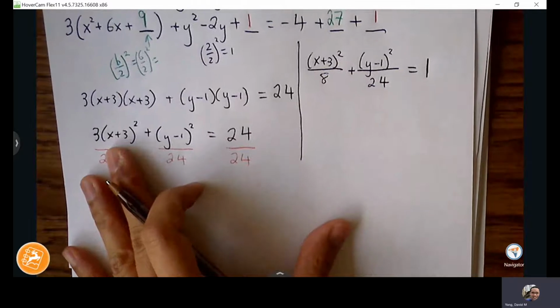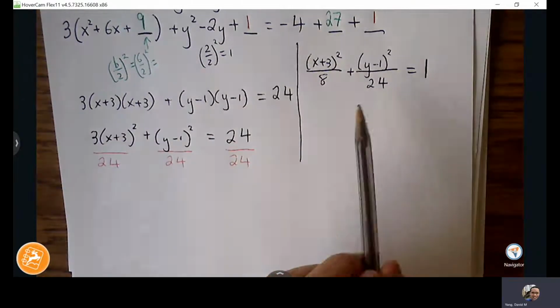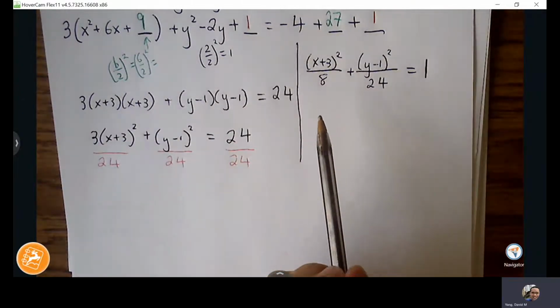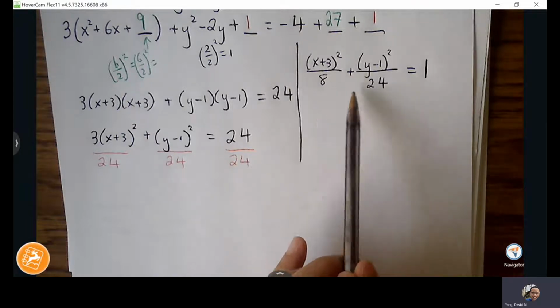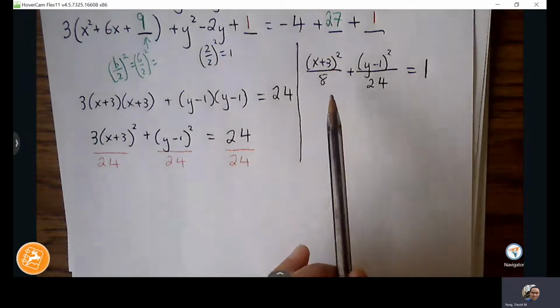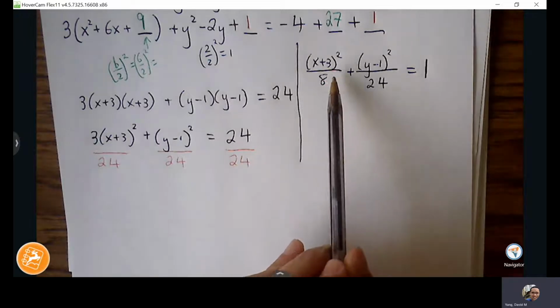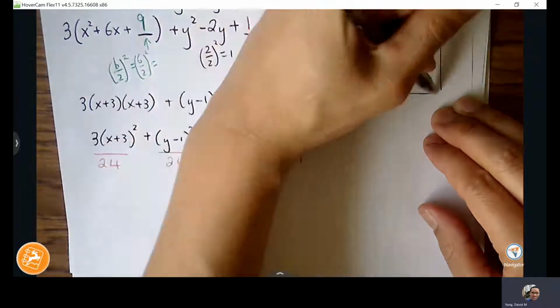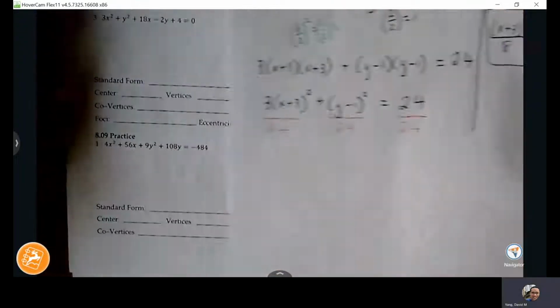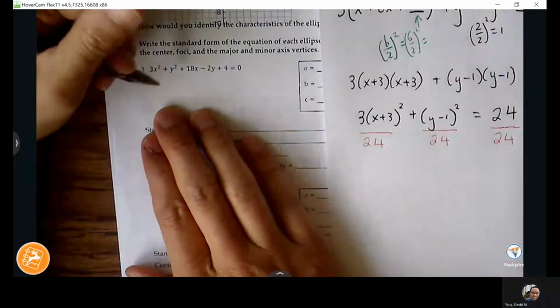All right, this is going to feel a little messy because we're not going to get whole numbers as we graph, but we'll just make our estimation using what we know about square roots. Okay, so first thing is, we're now at standard form. Transfer this over here.